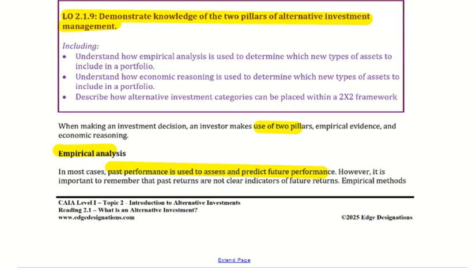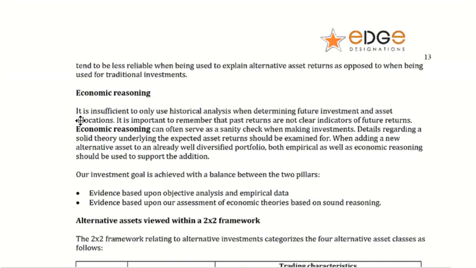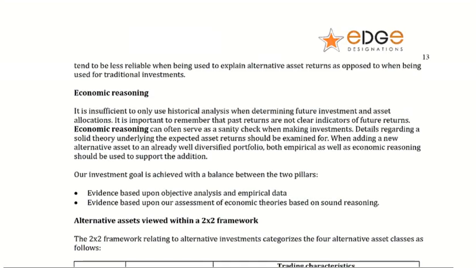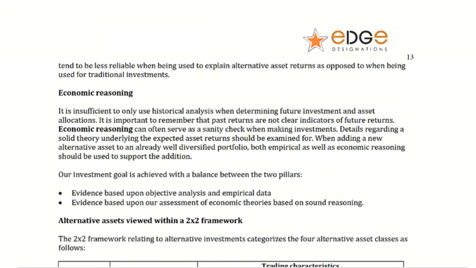Okay, it's always important to remember that the past is not a clear indicator of future returns. Empirical methods therefore tend to be less reliable when being used to explain alternative asset returns as opposed to when they're being used for traditional. Generally, traditional investments may have a better pattern than alternative investments when trying to predict the future.